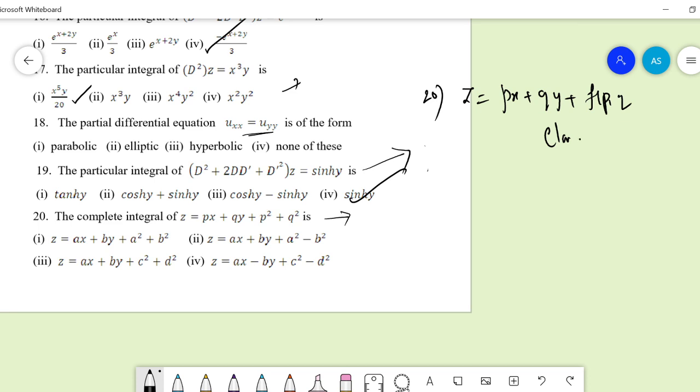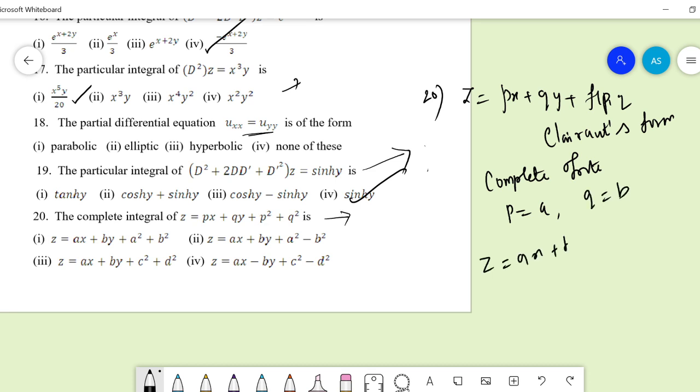For Clairaut's form, the initial procedure is to find the complete integral. Just replace p by a and q by b, that's all. So z equals ax plus by plus a squared plus b squared. The first one is our answer.